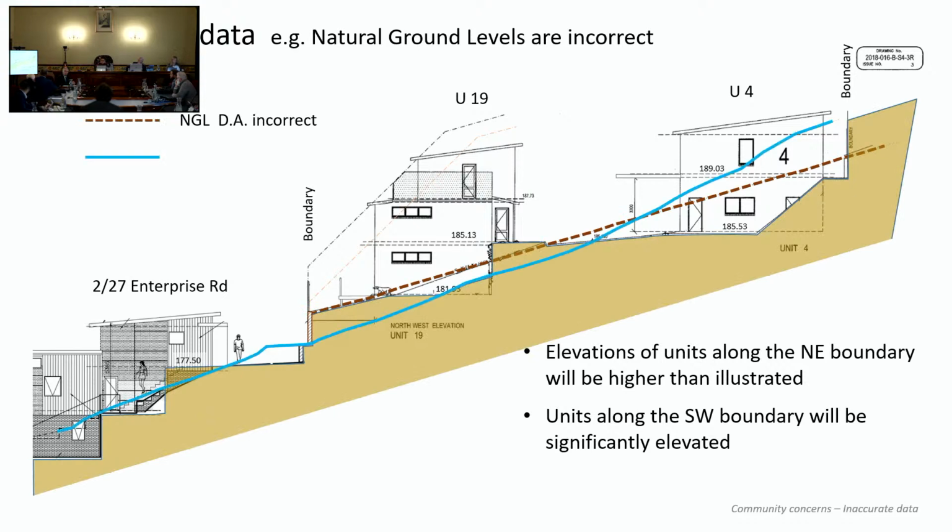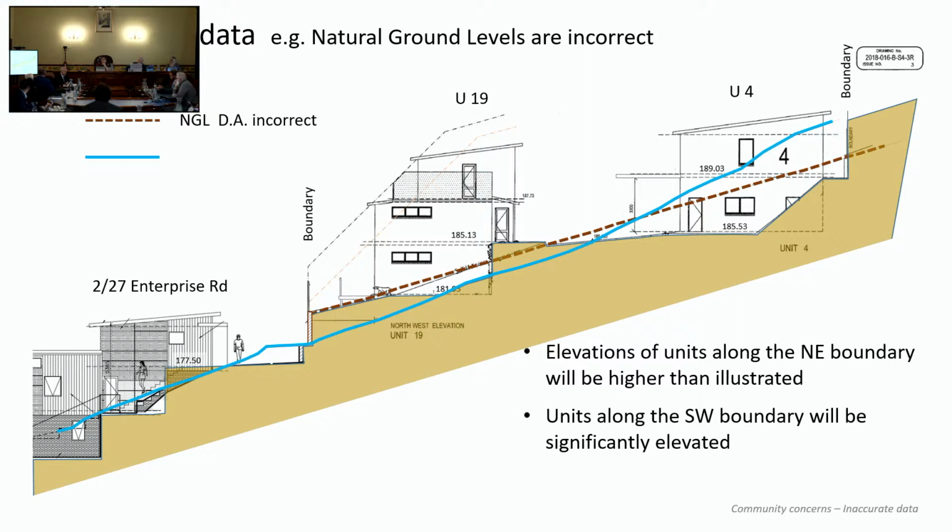This blue line here is where the actual ground line is, and that is simply using the proponent's data from their site plan and transferring it accurately to their cross-sections.